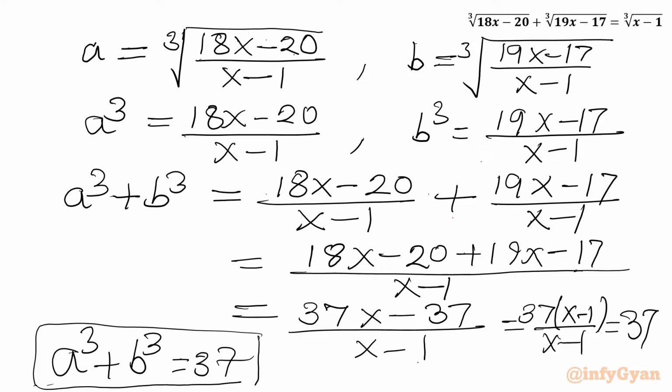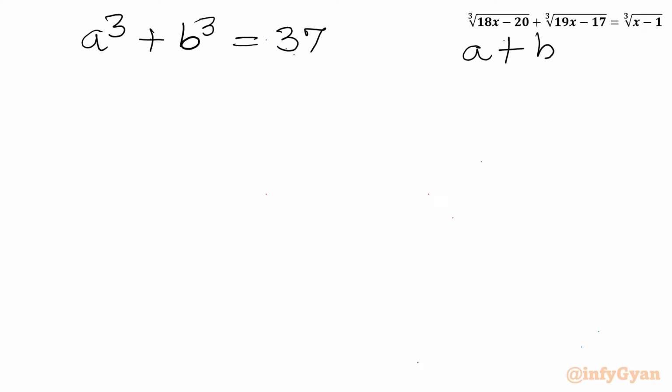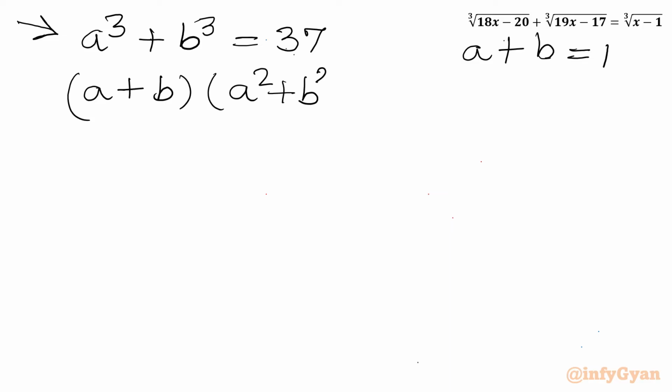Now we have to solve this new system of equations. Let me write here a cube plus b cube equal to 37, and our first equation was a plus b equal to 1. Now I will apply the a cube plus b cube formula here. So I can write (a plus b) times (a square plus b square minus ab). This is one approach. Right-hand side is 37.